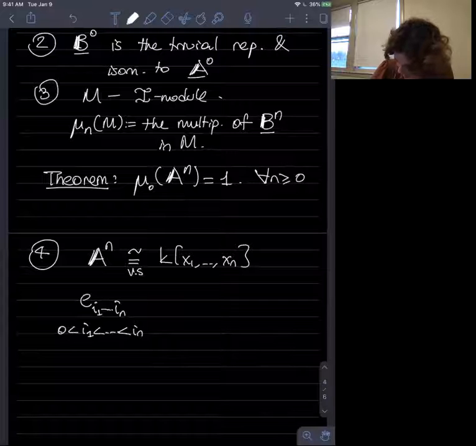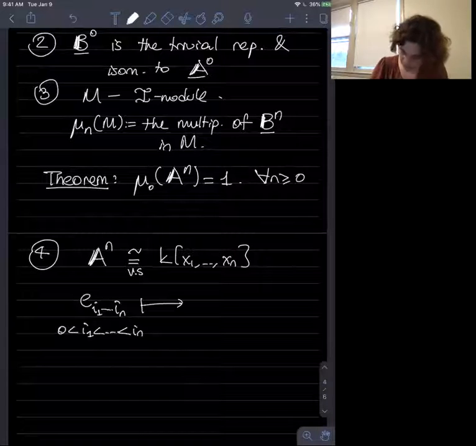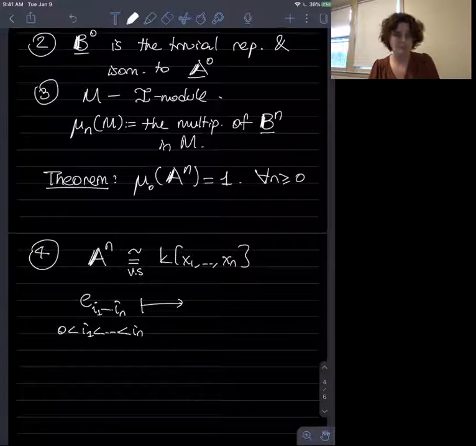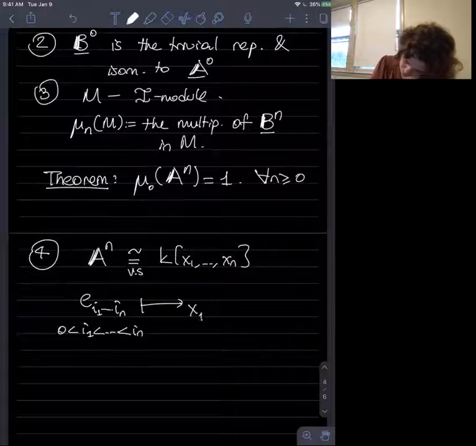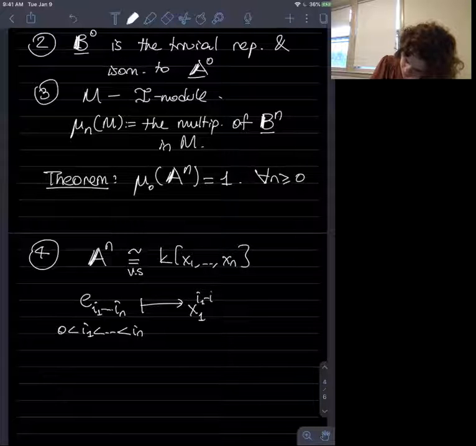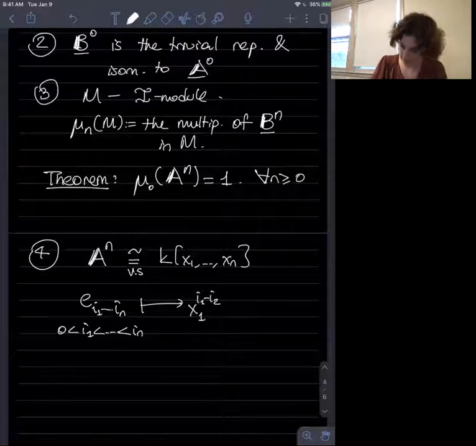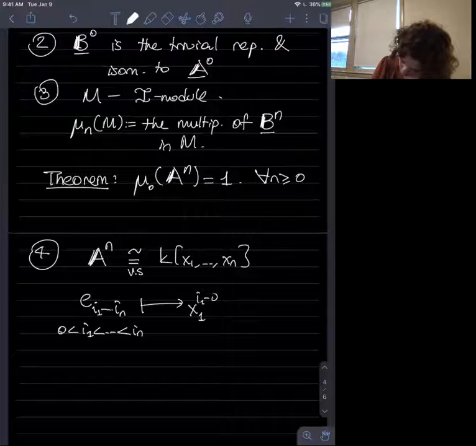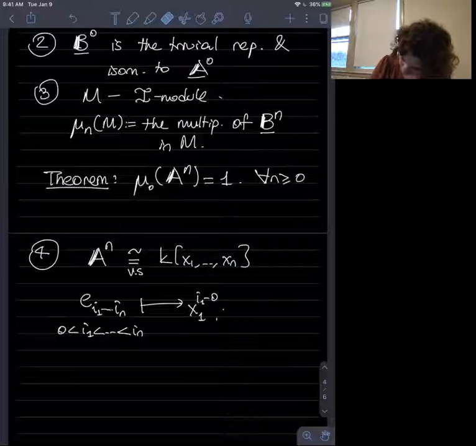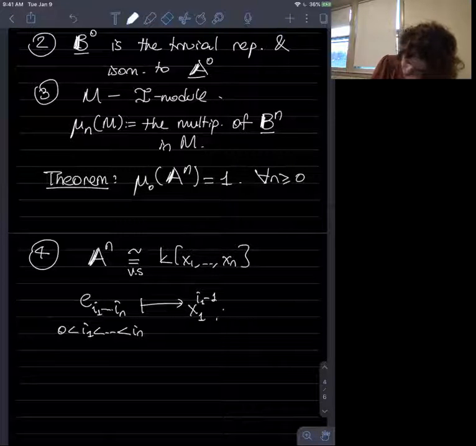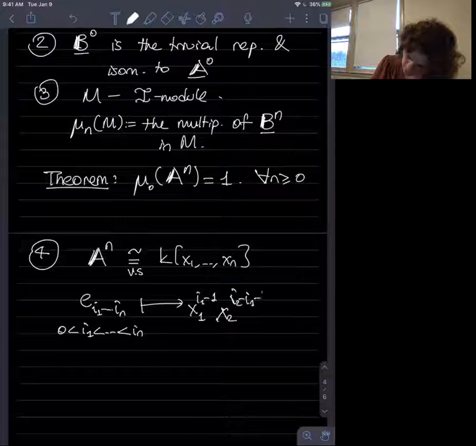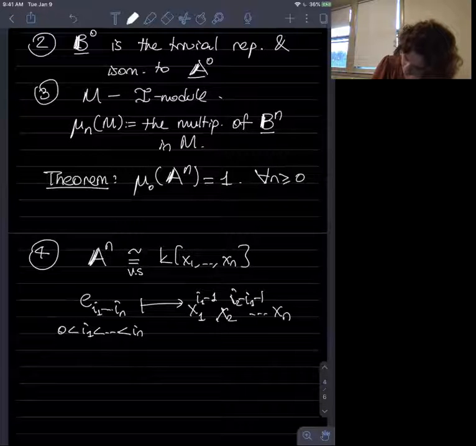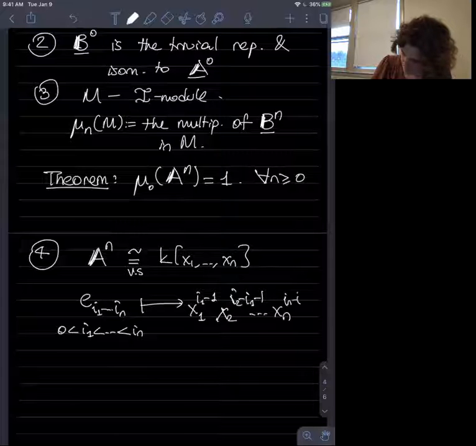This is sent to a monomial of degree I_n minus n, which is constructed from the gaps in the indices minus 1. The first one is I1 minus 1, the second one is I2 minus I1 minus 1, and the last is I_n minus I_{n-1} minus 1.